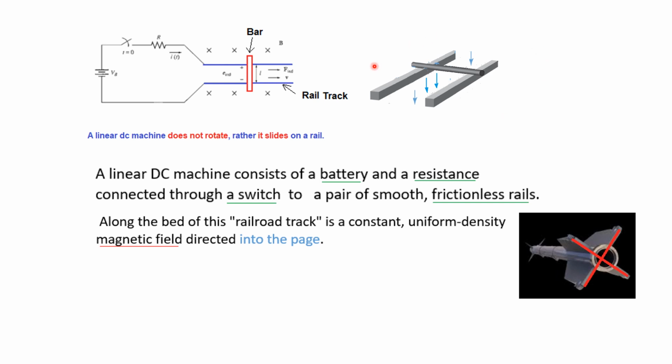If you look at this diagram, the magnetic field is coming from top to bottom, or the north is here and the south is here. A bar of conducting metal is lying across the track. So this is the bar of conducting metal as shown here.